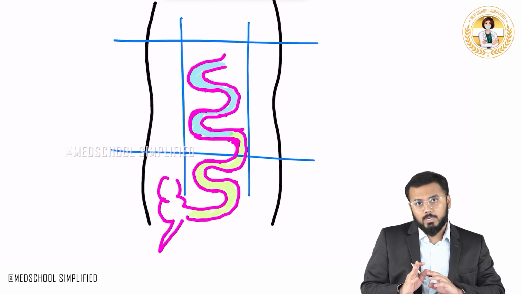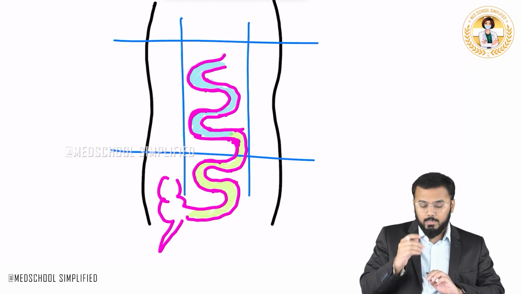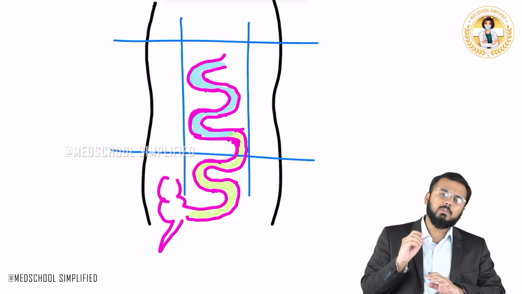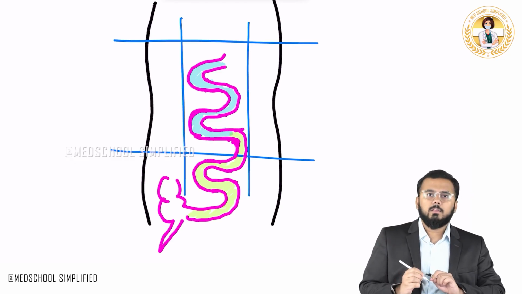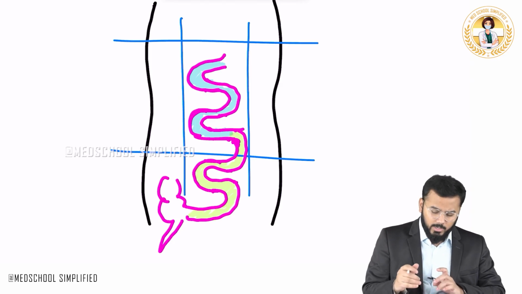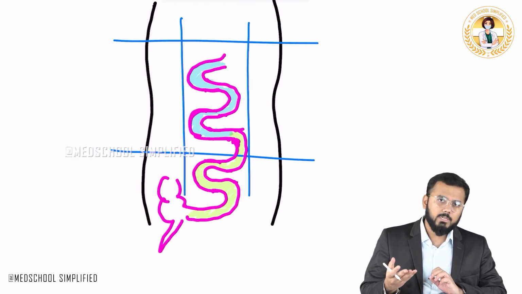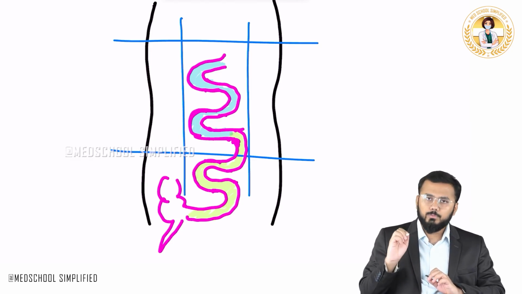Whether it might be jejunum or ileum, sometimes both of them will be there. Let us not discuss in detail, but overall in the hypogastric region we have got ileum, but in the textbooks it is given as loops of small intestine, which means both ileum as well as jejunum. But here, as per the picture which I have drawn, it is only ileum. So you have to follow the textbook, so just write it down as loops of small intestine.